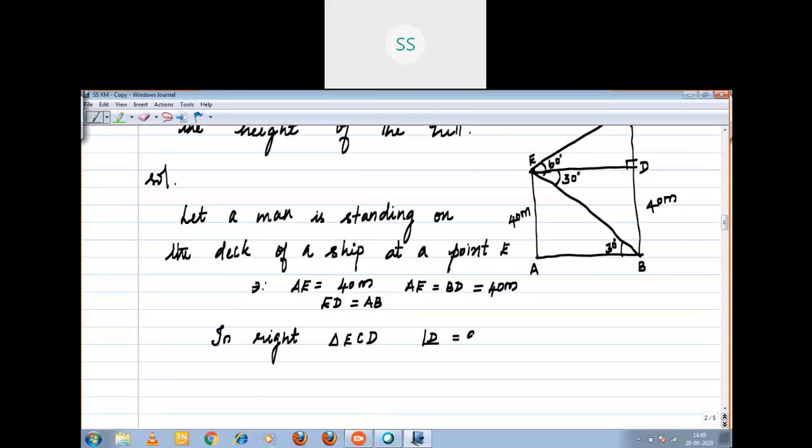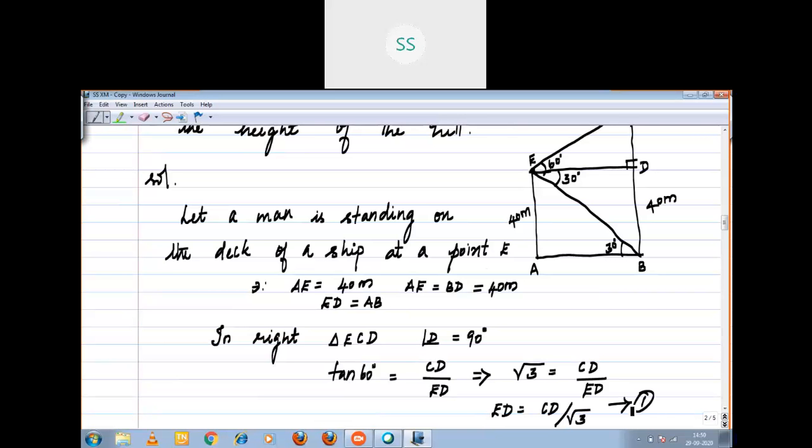Now, in right triangle ECD, angle D is equal to 90 degree. Tan 60 degree equal to opposite side, that is CD divided by ED, which implies root 3 equal to CD divided by ED.